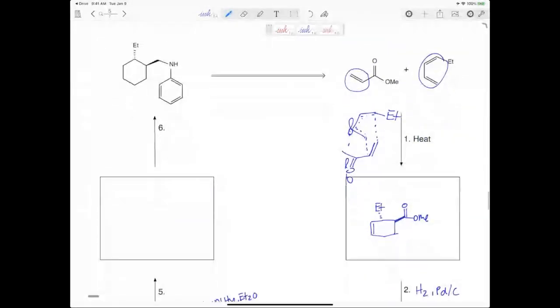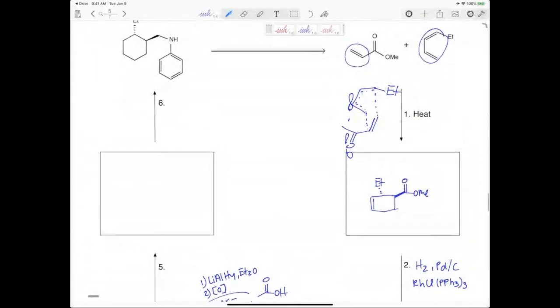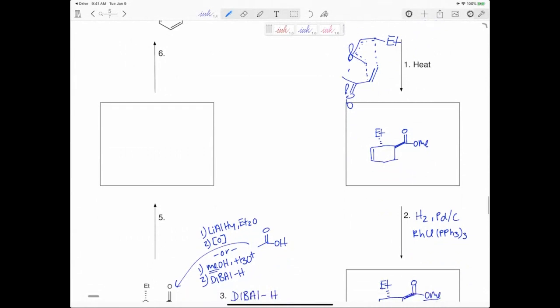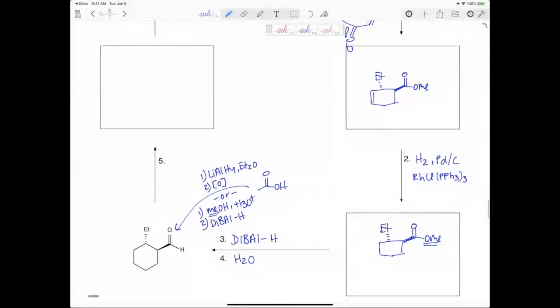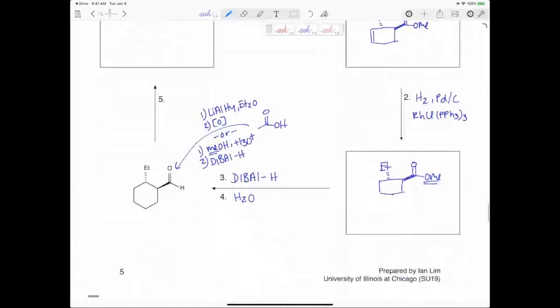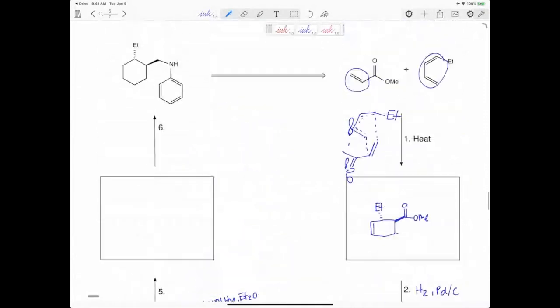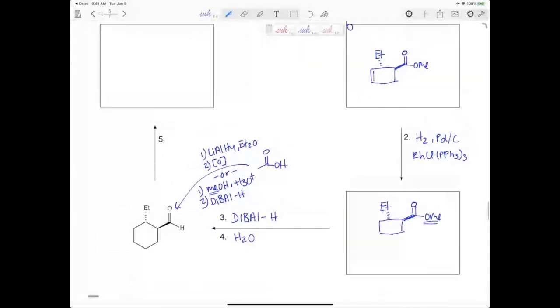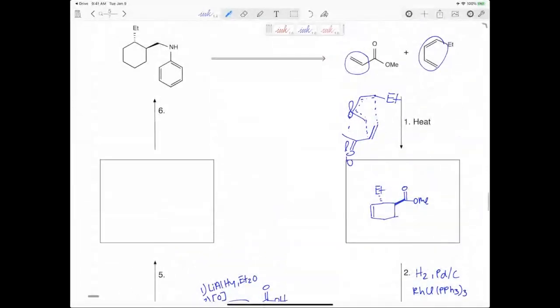All right, so now I have amines coming into play now. Okay, let's see. So I know that this can be made from what? Seems like the previous step from this is going to be this, right?